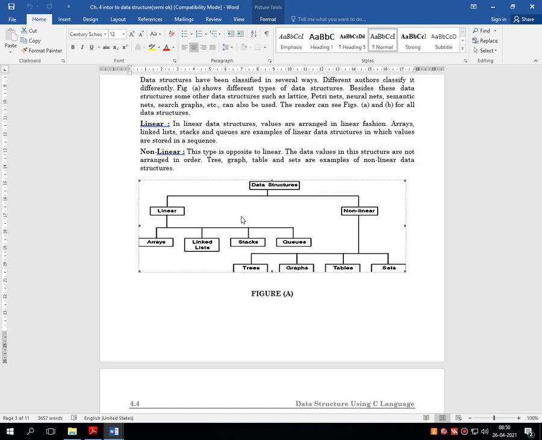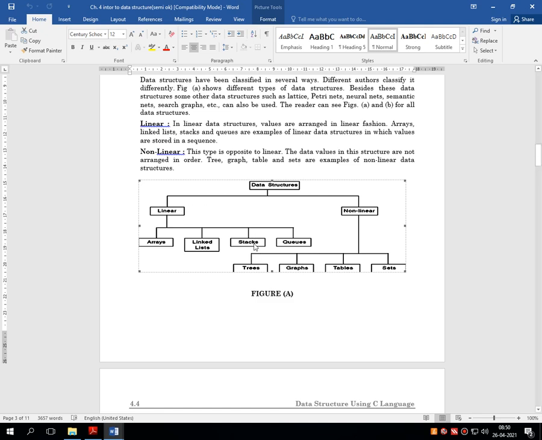And non-linear data structure is further divided into another four subcategories like tree, graph, table and set. We have already discussed array in the concept of programming in C. Even in data structure we have discussed various types of array: one-dimensional array, two-dimensional array and multi-dimensional array.